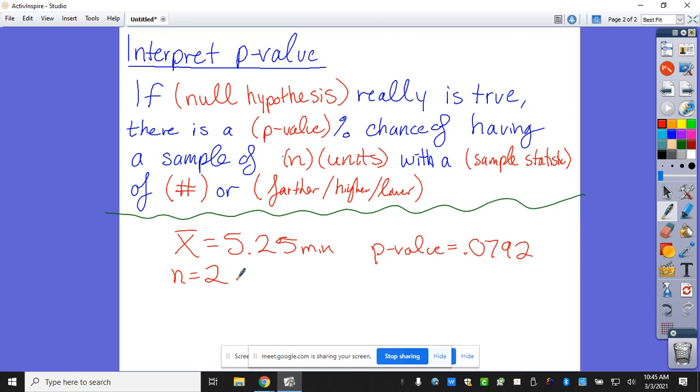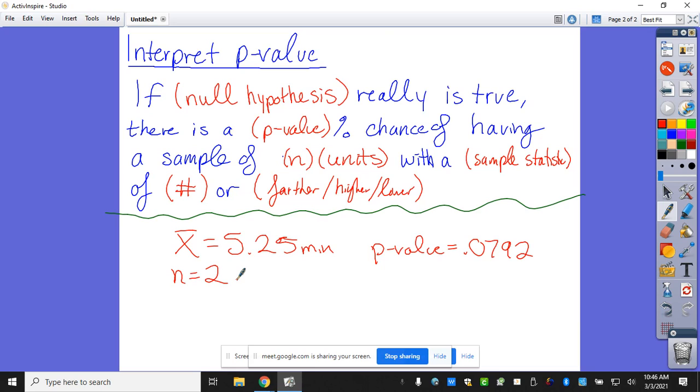What was the null hypothesis in our situation from Friday? So if he really did run a 5-minute mile, if it really is true that he ran a 5-minute mile, there is what would be here? 7.92% chance of having a sample of what is this?